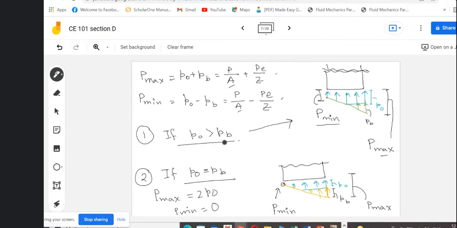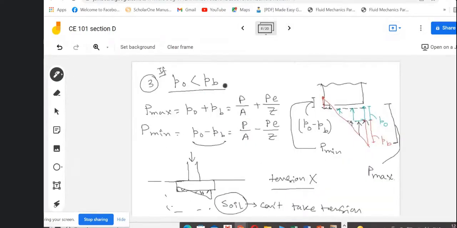P naught greater than PB. But P naught equal to PB is also giving us the compressive, right? So P naught greater than or equal to PB is the condition for which the entire portion will be in compressive, because both the cases are giving us the compressive part. Whereas if we go for this condition, it will give us the tensile zone, and that we do not want.